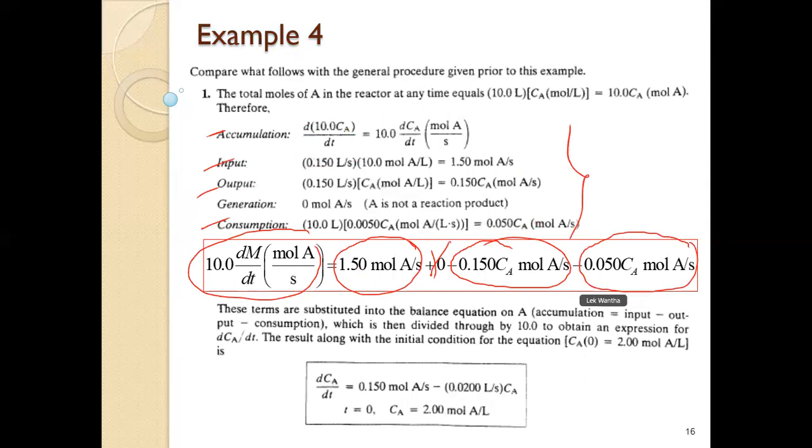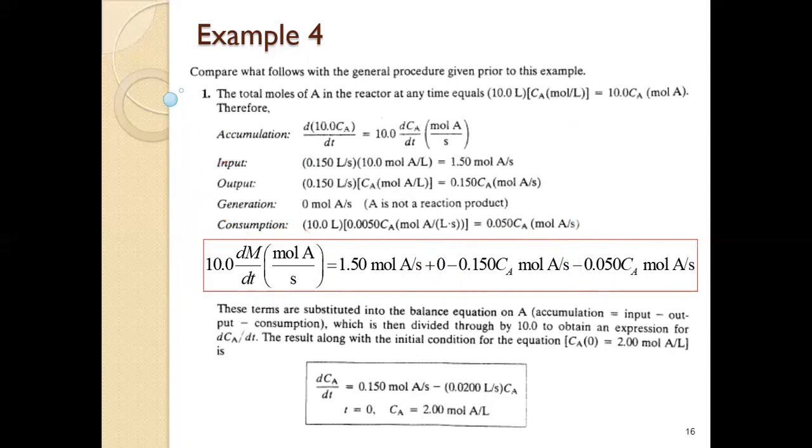This is the equation in terms of the mass balance. You divide both sides by 10. So you get dCA by dt equal to 0.15 minus 0.02 CA.